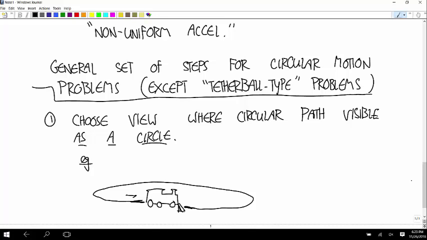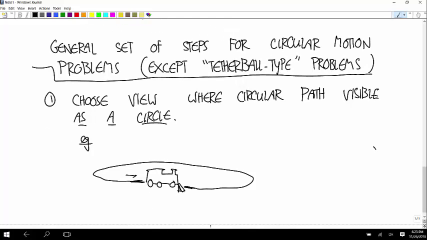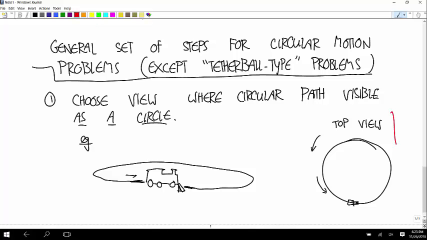And so the view that we would want in that case would be the top down view, where you see something like this. This is the one we want.